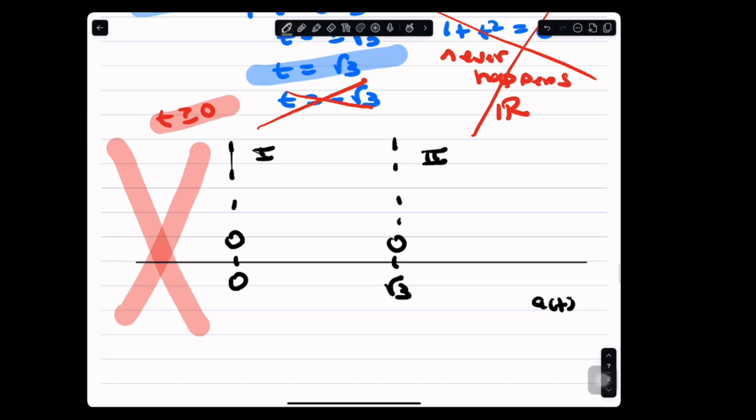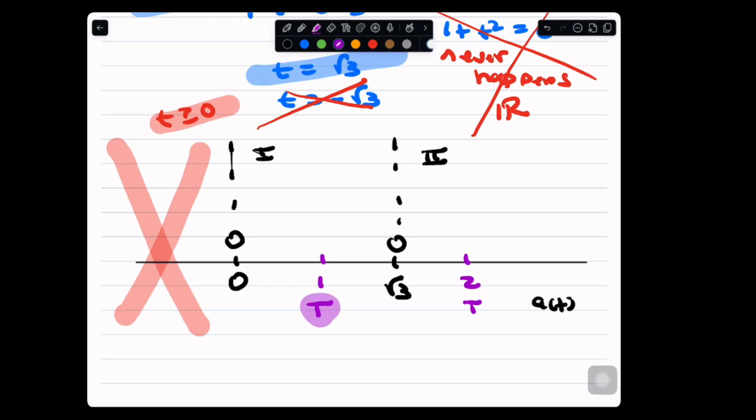We need test points. In region 1, the number 1 is available, and in region 2, the number 2 is available, because the square root of 3 is between 1 and 2. Is that right? I forget exactly what it is. So these are some really good test points to use, 1 and 2, on the acceleration function.